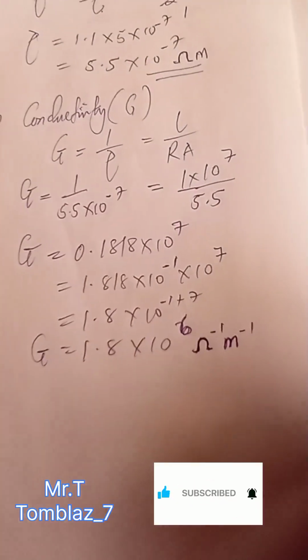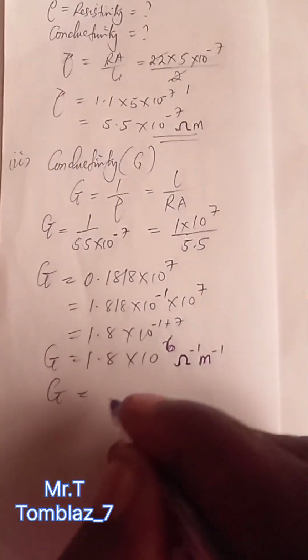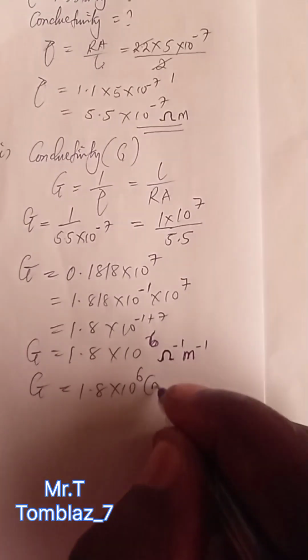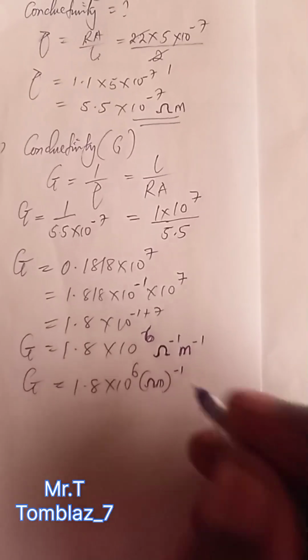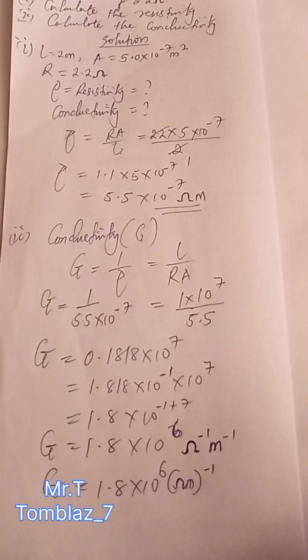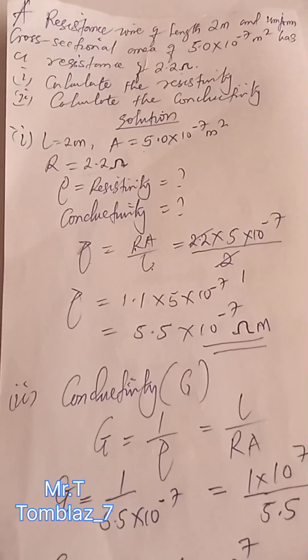So that's just the unit of conductivity. This can be combined as well. So we can have it as 1.8 times 10 raised to the power 6 per ohm meter, like this. This is also okay in the calculation or in the unit. So this is where we're going to stop in this solution.